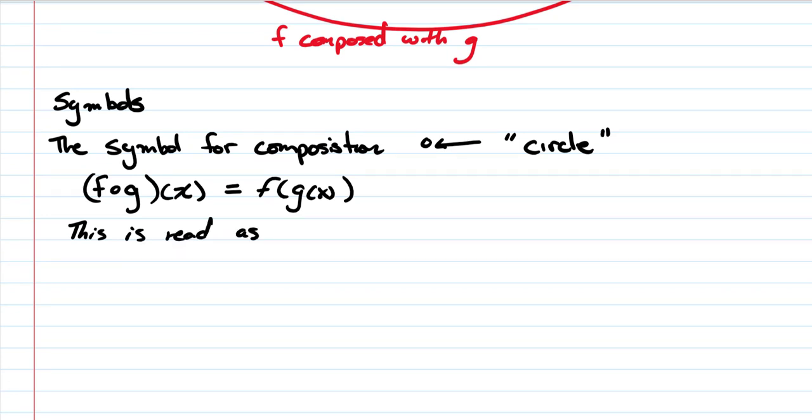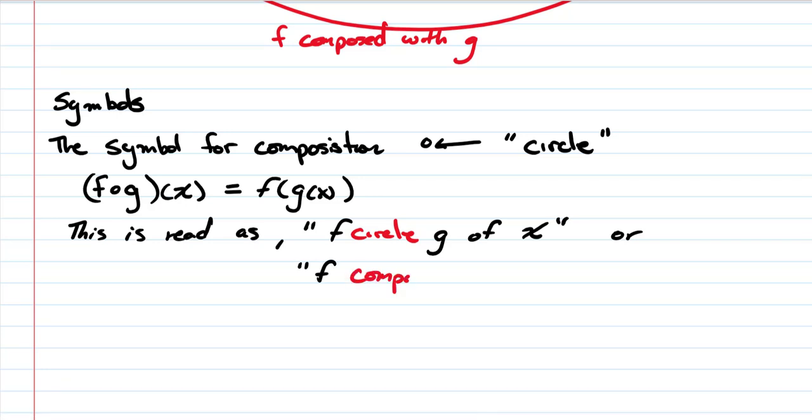This is read as f circle g of x, or f composed with g of x.